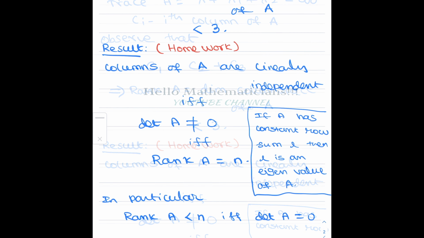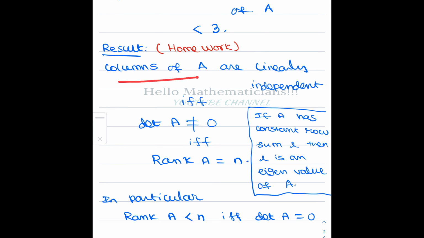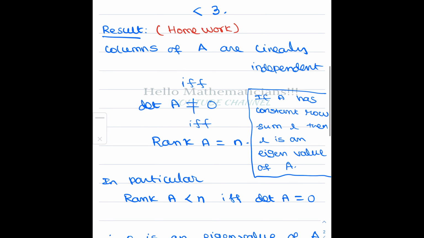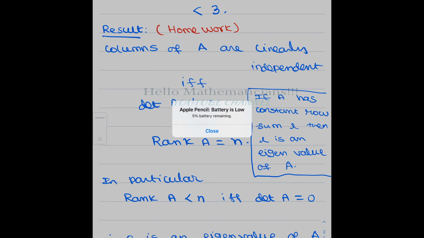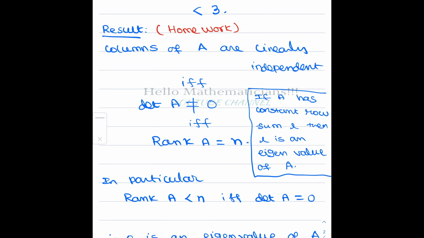Result: the columns of A are linearly independent if and only if the determinant of A is not equal to 0, if and only if the rank of A is n. If rank of A equals n, we say it is full rank. Here we take A to be an n by n matrix.